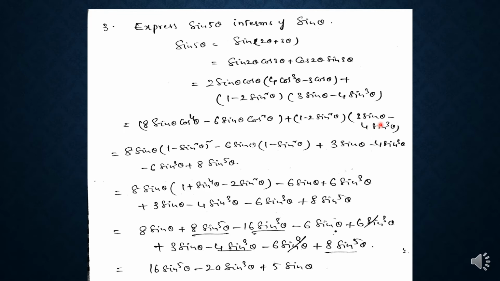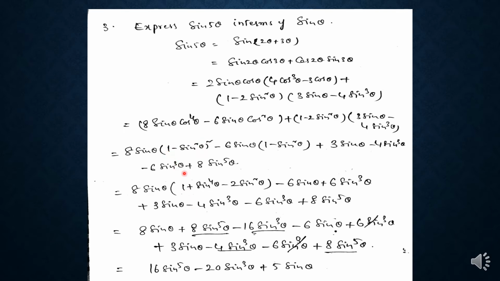That is 3 sin theta into 1, 3 sin theta, minus 4 sin cube theta, minus 2 sin square theta into 3 sin theta, that is minus 6 sin cube theta, minus 2 sin square theta into minus 4 sin cube theta, that is 8 sin to the power of 5 theta. So by simplification we can write it using the expansion of a minus b whole square.